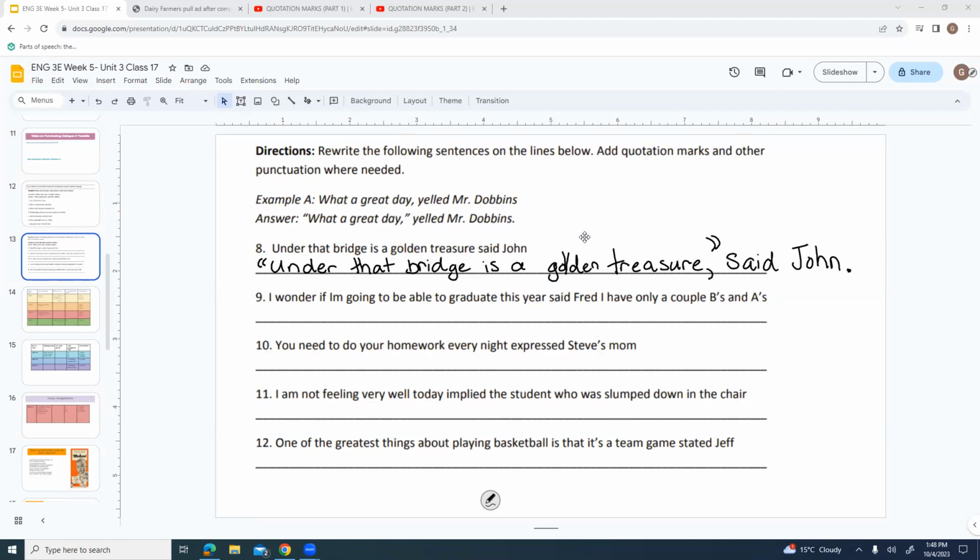Oh, I've got time for another one here. "I wonder if I'm going to be able to graduate this year," said Fred. "I only have a couple of B's and A's." So you can see right here is our tag. They've put it in the middle trickily here. So I'm going to start over here so I've got enough room.